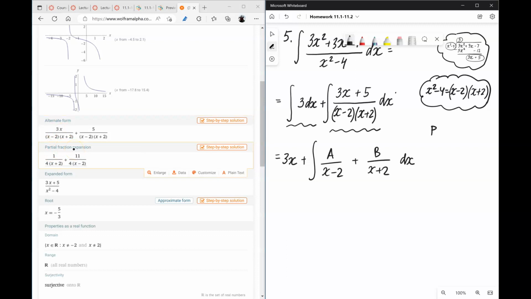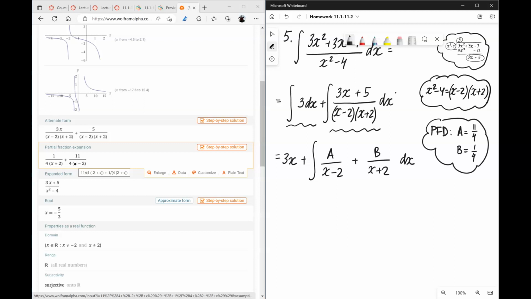So according to the partial fraction decomposition, the coefficient a, what's around x minus 2, is equal to 11/4, and b is equal to 1/4. That's what we learn from the partial fraction decomposition.